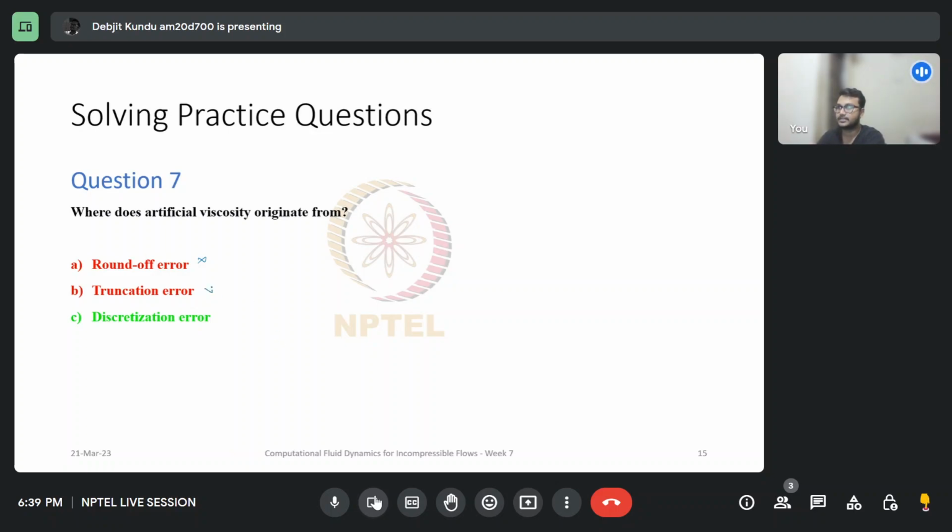Truncation error is also not the origin of artificial viscosity, because we are eliminating truncation error in going from PD to FD itself and not worrying about it later. So where do we get the modified equation? In the FD itself, if we put back the Taylor series, we see that it is not going back to the original PD.